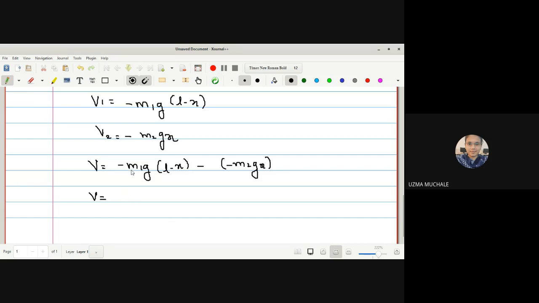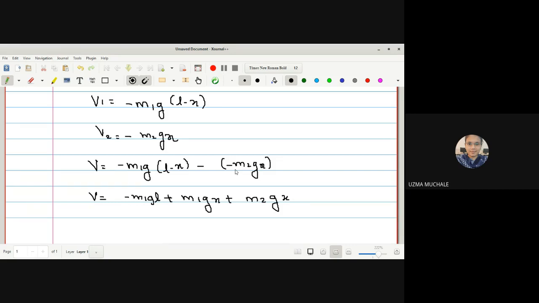I can write it as (m1 minus m2) g x outside, and here, okay, let me show you how to write it. Minus m1 g L, here this minus becomes plus m1 g x, minus becomes plus m2 g x, correct? Set with negative sign, no?